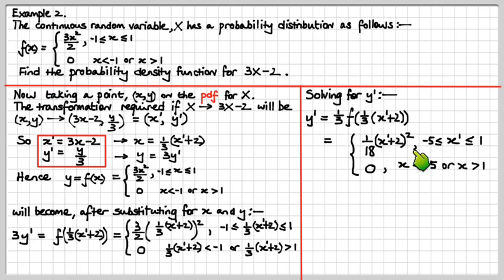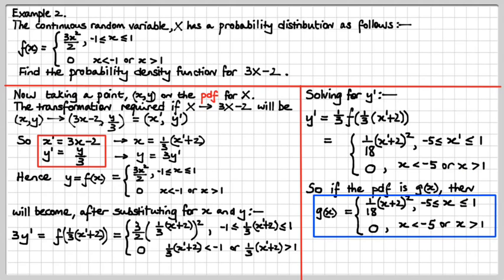And this expression here, if you work that out, gets you to there. x dashed will be greater than or equal to -5, less than or equal to +1. And over here we've got the PDF equals 0 for x less than -5 or greater than 1.